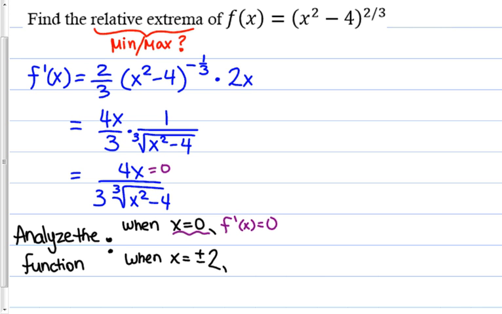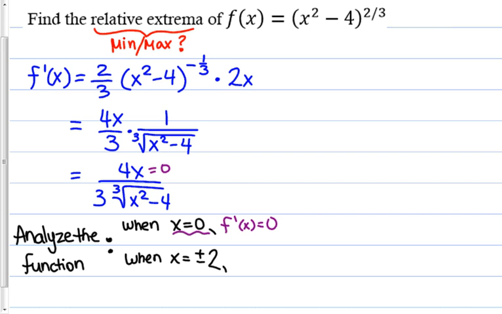So this is going to be a critical value. Now if I look at the bottom, it's a fraction. The denominator cannot be 0. Right? That's a problem. So the derivative is not going to exist if the denominator equals 0. So we need to figure out what numbers we could plug into the denominator in order to make it equal 0.